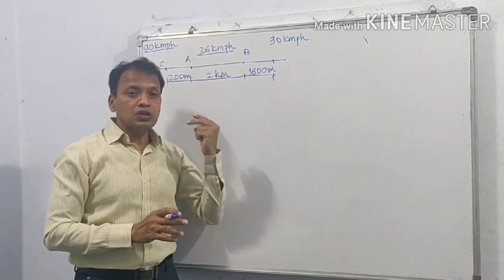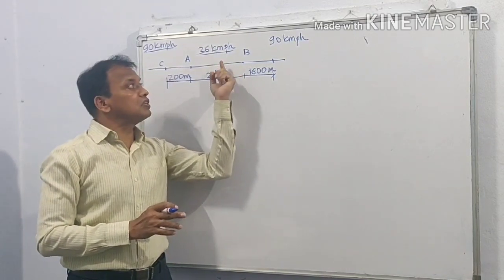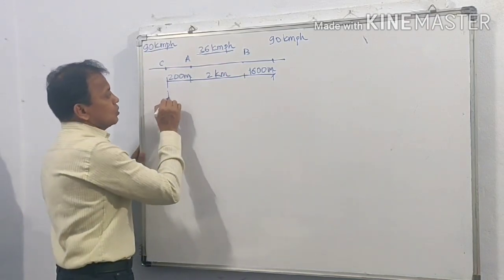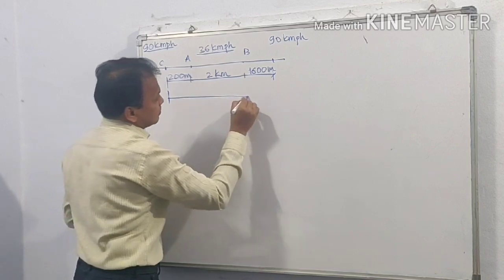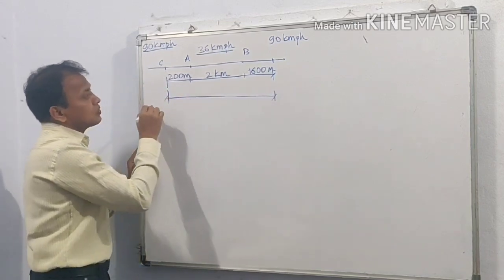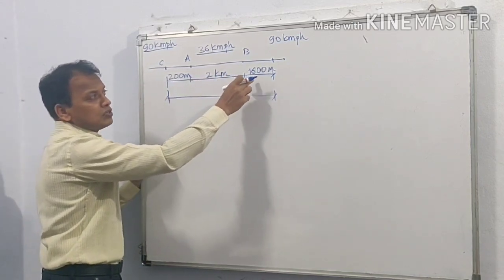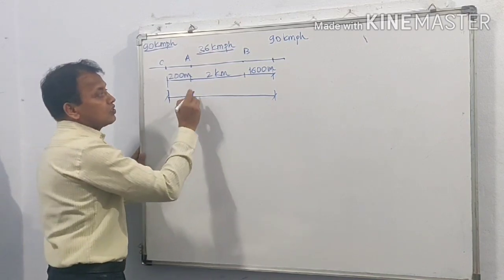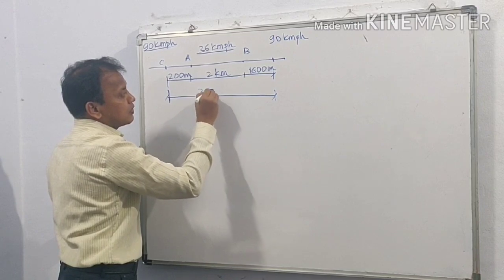And from B to C, the velocity is increasing from 36 km per hour to 90 km per hour. So for this entire length, 2000 plus 1600 is 3600, plus 200, that is 3800 meter.